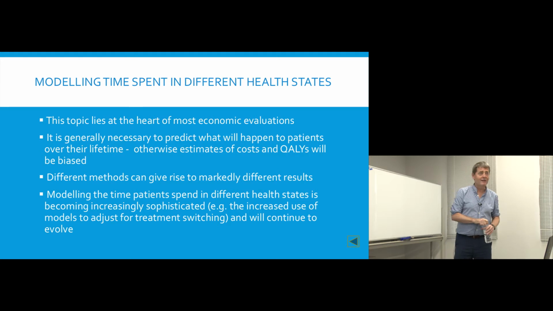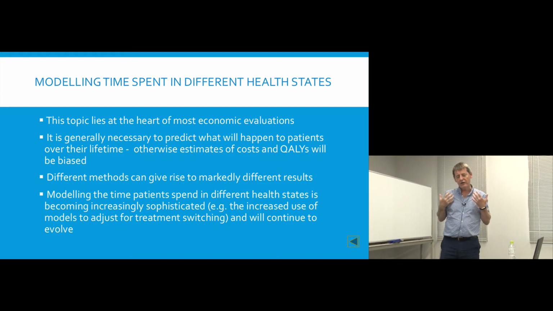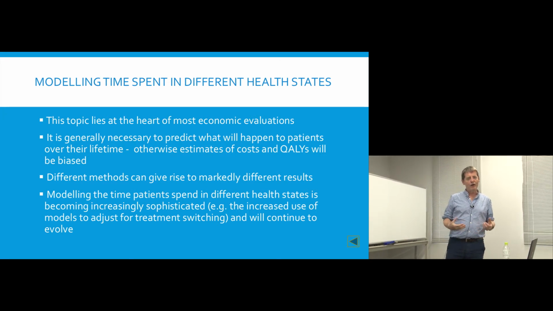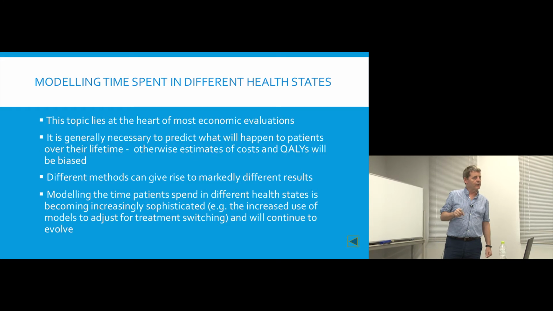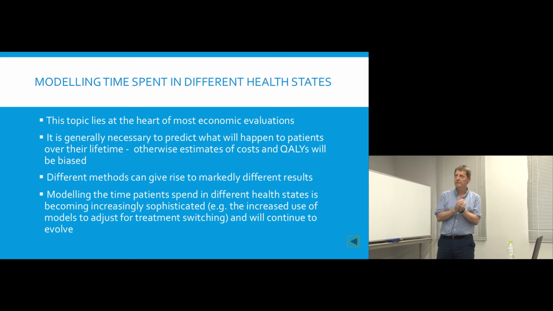modelling time spent in different health states. Now just to remember, this is so important. It's going to be a major determinant of your costs and your qualities. Because depending which health state you're in, this usually influences your costs. And so if you spend longer in particular health states, that's going to have an impact on the cost of your overall treatment.